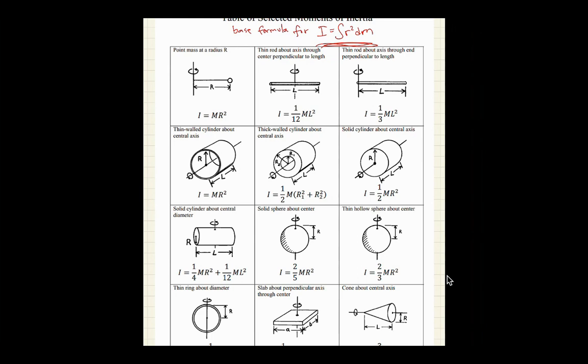So maybe the question says it's a solid cylinder rotating around its central axis. All you have to do is pull up the table, find solid cylinder around central axis, and it gives you the equation that you would use for the rotational inertia, right? So that would be my recommendation for you guys.